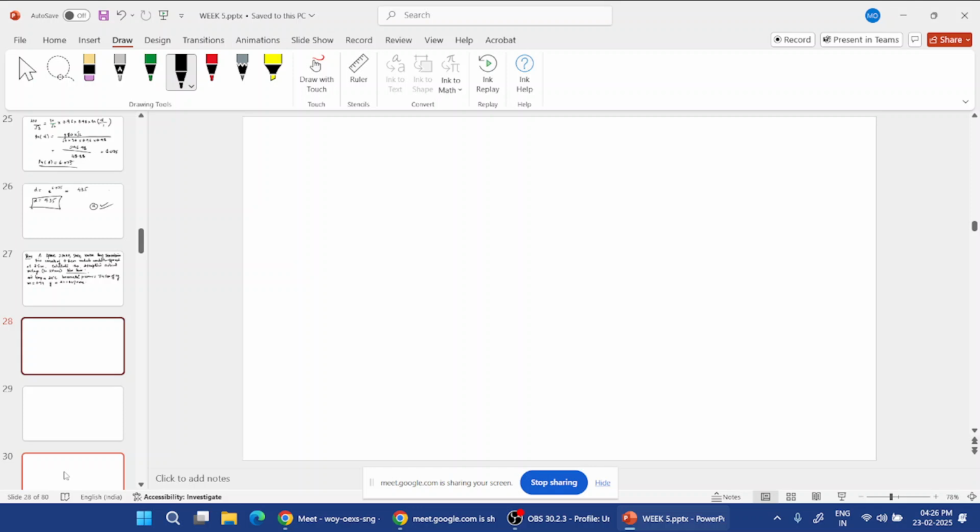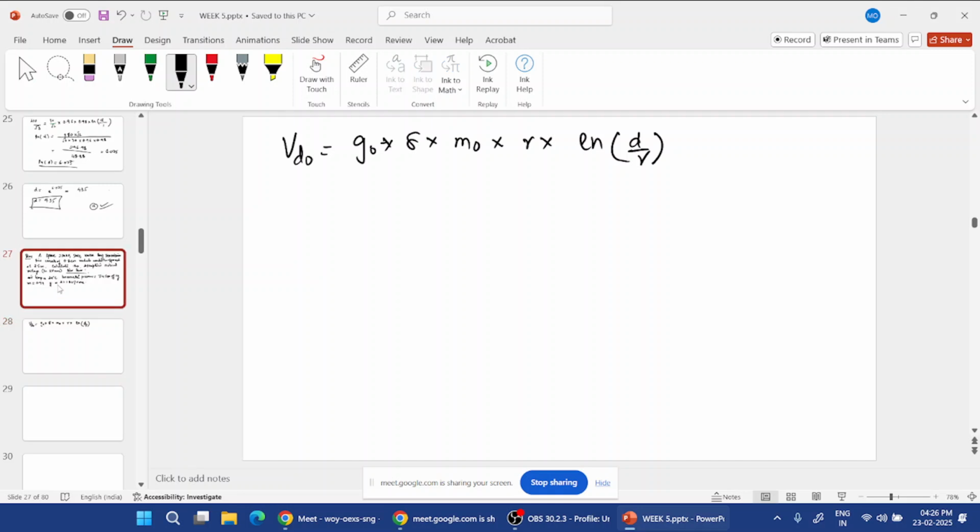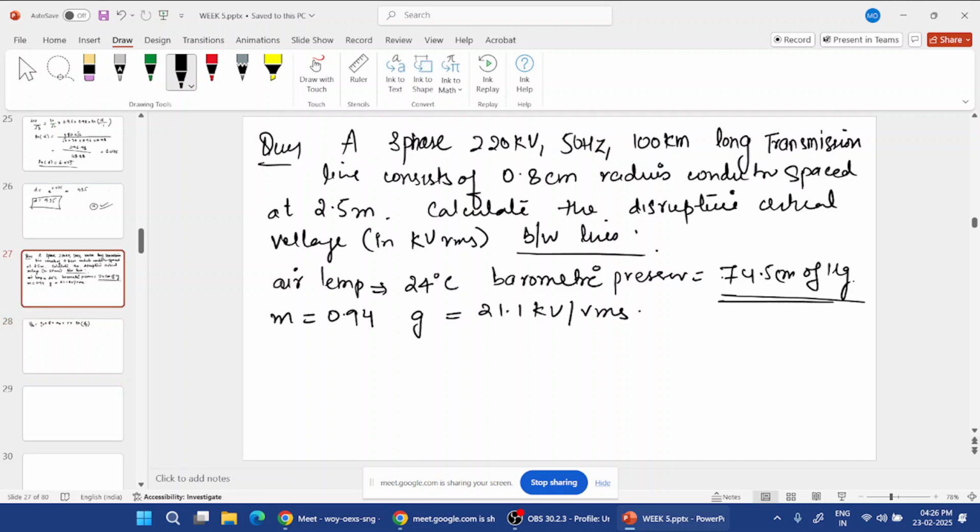First of all, the formula of this is Vd equals G into delta into m naught into r log d by r. Barometric pressure means the pressure which you calculate by measuring the height of a mercury. I think it's self-explanatory.